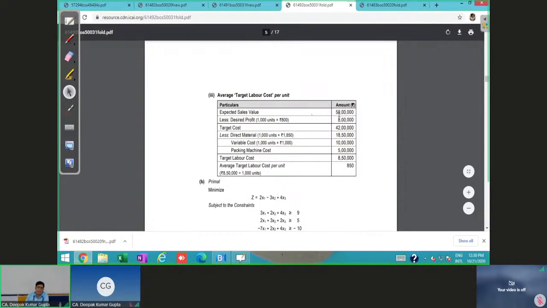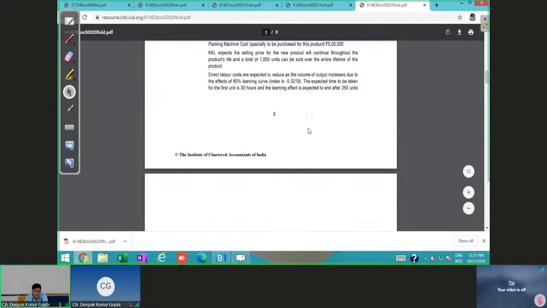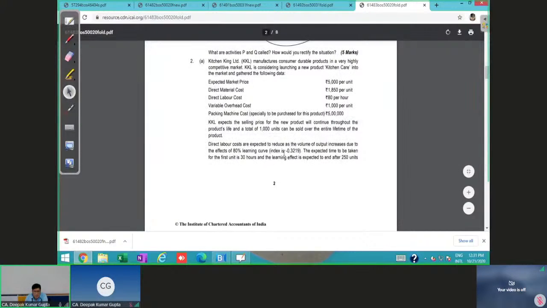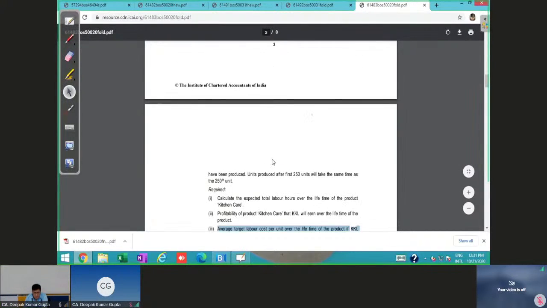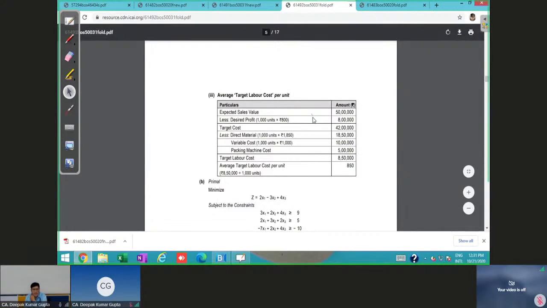Expected sale value for the entire product life is 50 lakhs less. Desired profit which has been given in the question is 800 per unit. Accordingly, desired profit for 1000 units at the rate of rupees 800 will be 8 lakhs. Total target cost I have to achieve is 42 lakhs.